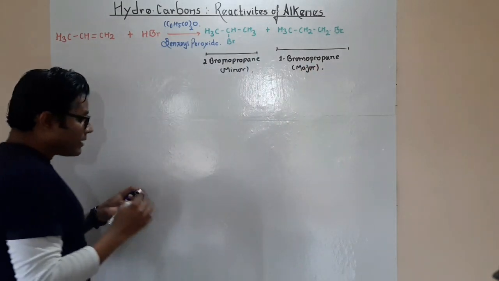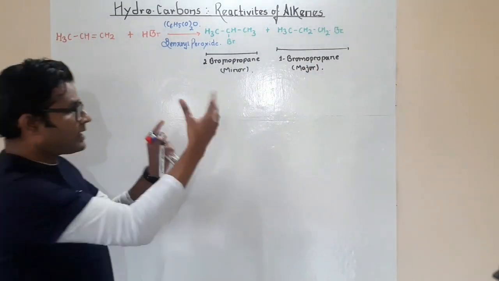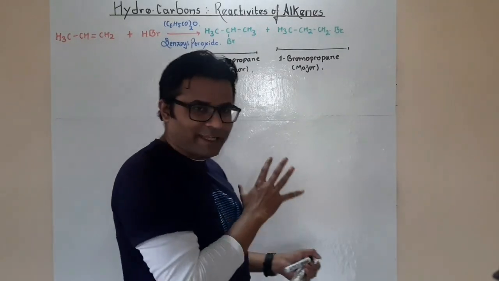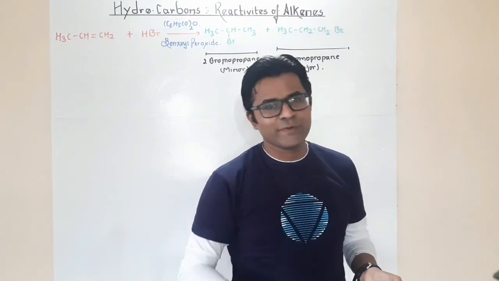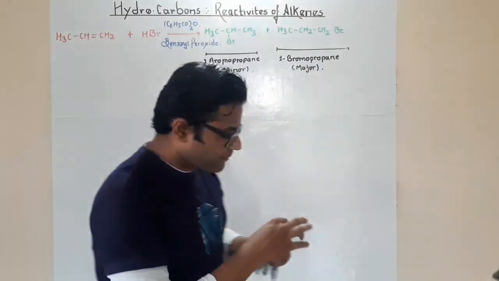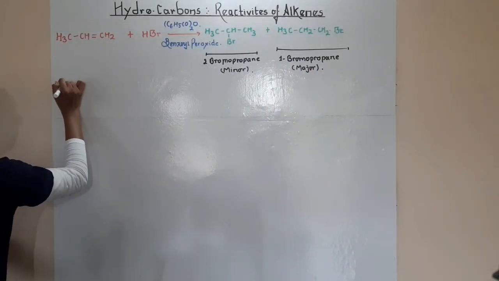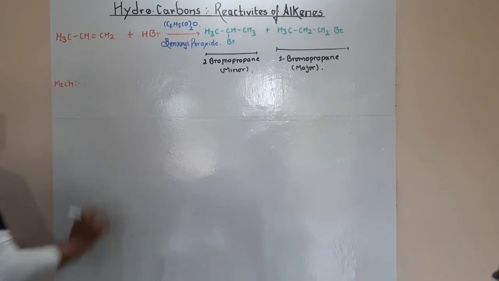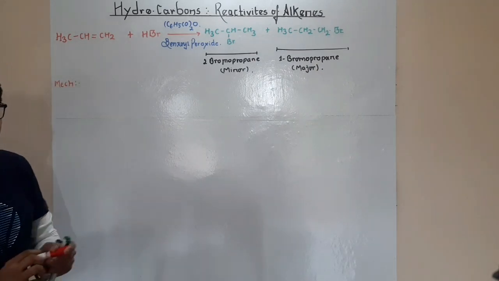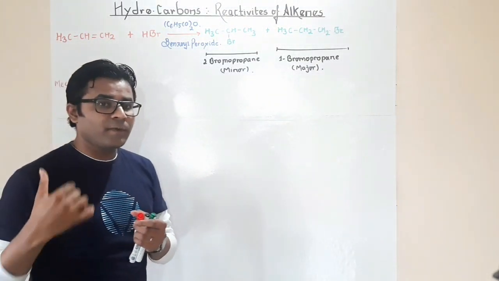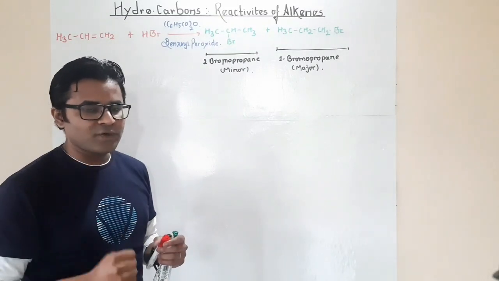In order to understand why this has come as major and why that has come as minor, we need to go through the mechanism. Here the mechanism is going to have 4 steps. In the previous video, we had 3 steps. Here it is going to be 4 steps.